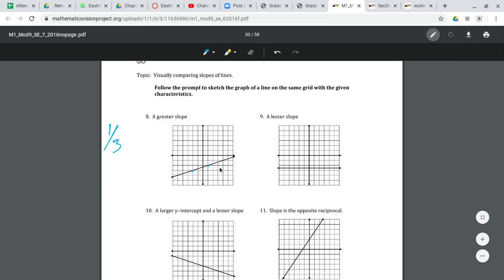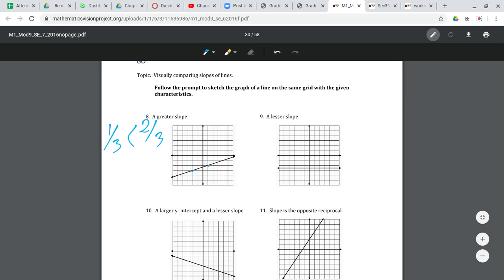So an easy thing would be 2/3. We could also go to a whole number. It just has to be bigger than 1/3, whatever the slope is that you decide on. So for this, we're just going to do a 2/3 slope instead of a 1/3 slope.